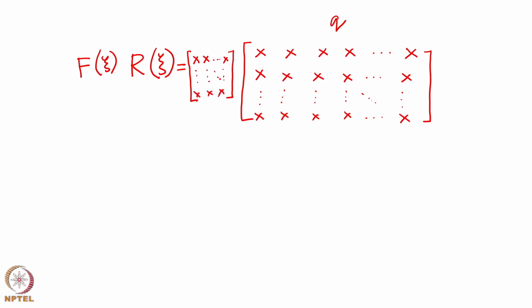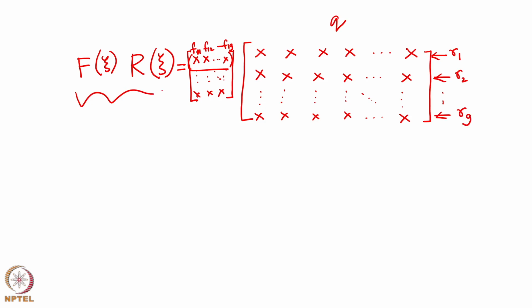What happens when I multiply this by this row? Let me name these rows, namely this is F11, F12 dot dot dot up to F1g. Okay, and let me name these rows as well. This is R1 row, this is R2, so on up to Rg.